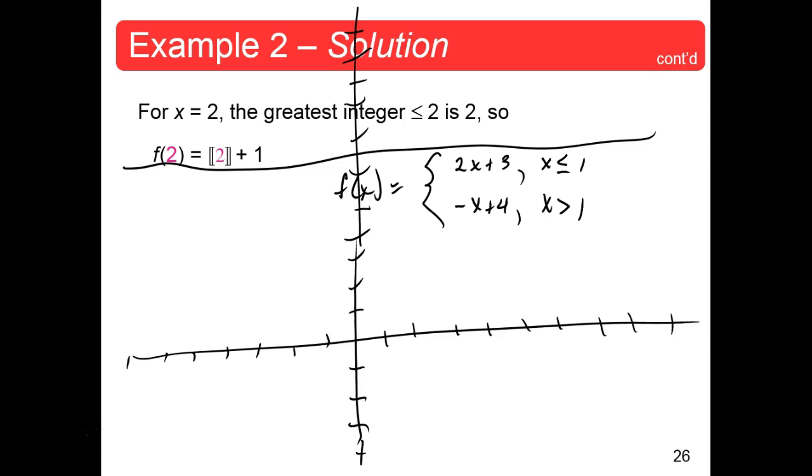Now, pick me a number. 5. Okay, she chose 5. You first have to figure out where you are. It's greater than 1, so you're on the lower part. So when x equals 5, you do minus 5 plus 4, which is minus 1, right? All right, good deal.